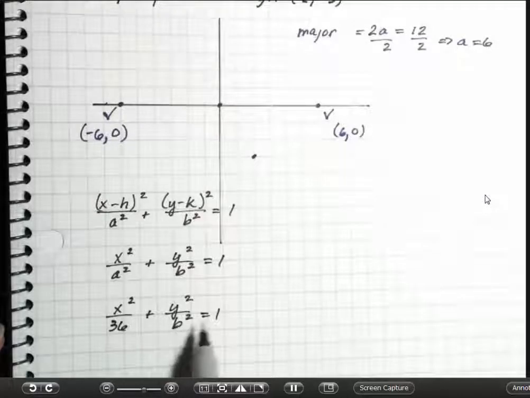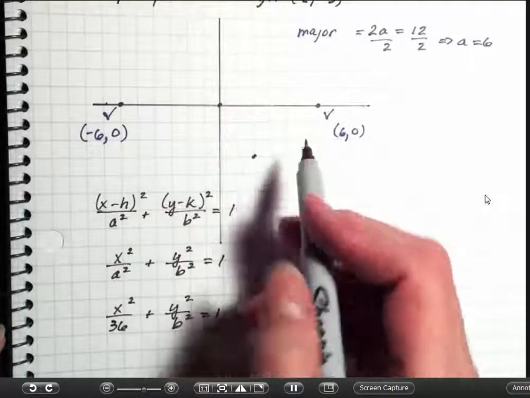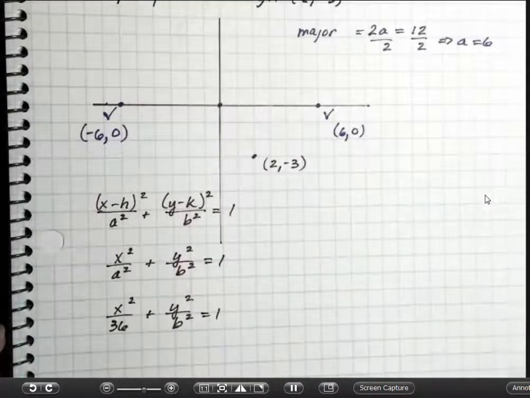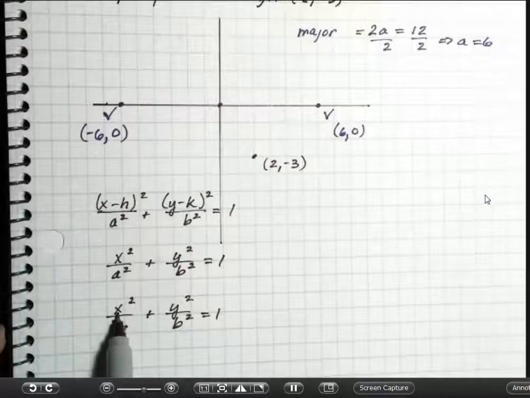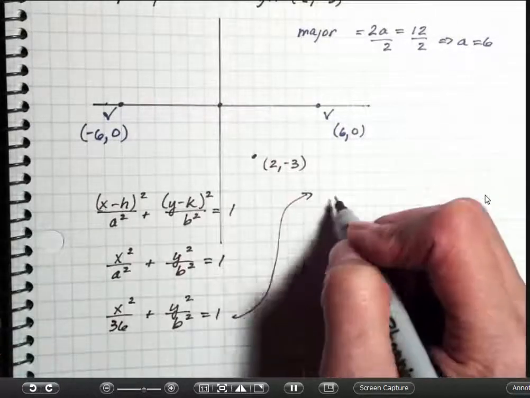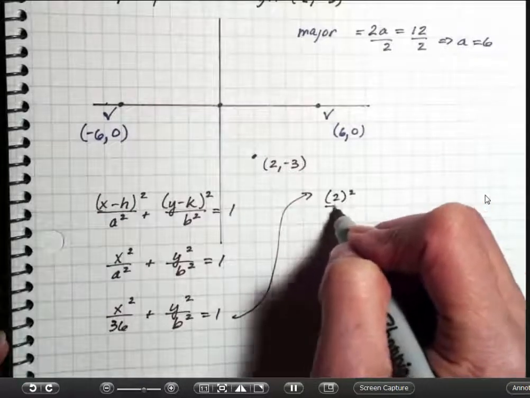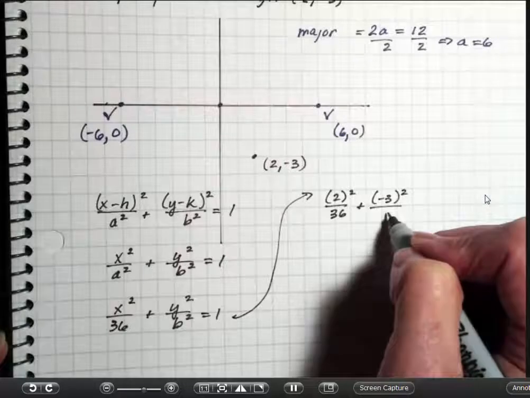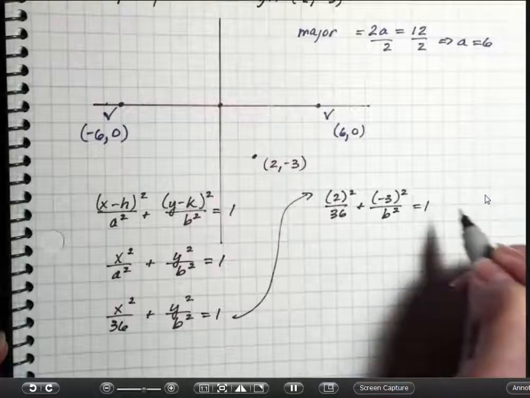So I'm going to use the point that I was given, which is the point (2, -3), and substitute that into my equation. Put in a 2 for x, put in -3 for y, and solve the equation for b. So 2 squared over 36 plus (-3) squared over b squared equals 1.